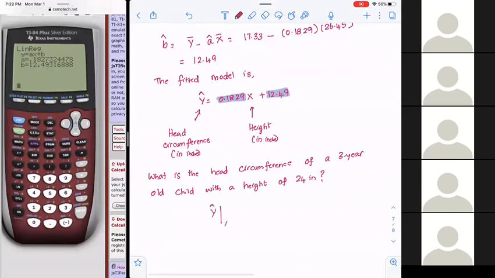So when X is 24 inches, so we have this new 3-year-old child, and the child's height is 24 inches, we want to find the corresponding head circumference. So all I have to do is plug in 0.1829 times 24 plus 12.49 in the calculator, and I'll get the answer, which gives me 16.88.